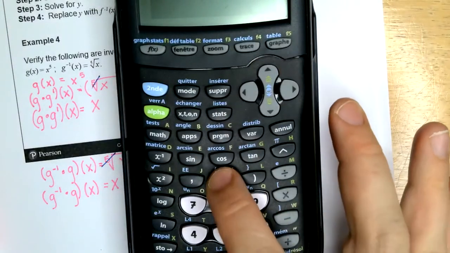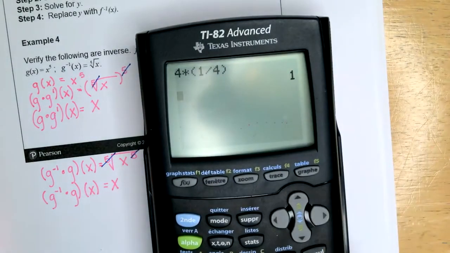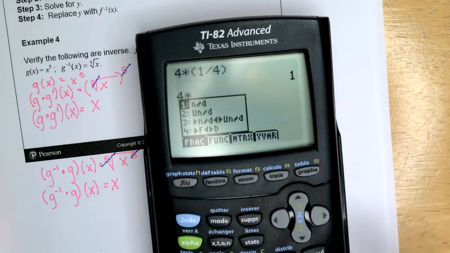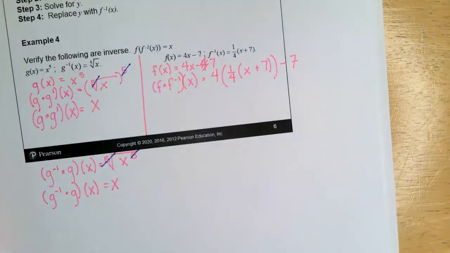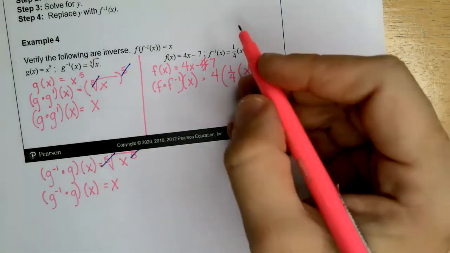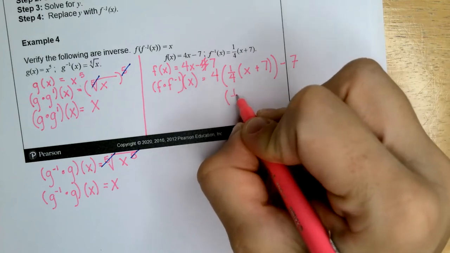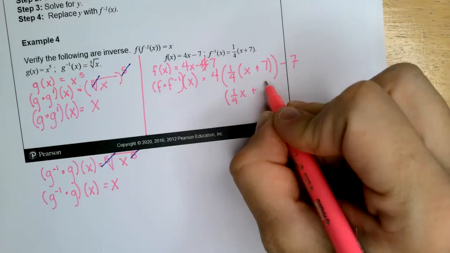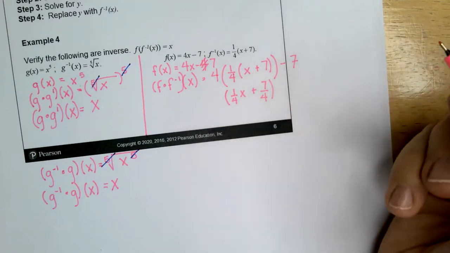4 times 1/4 is 1. But if you want to see it, it could also be 1/4 x plus 1/4 times 7 would become 7/4, right?